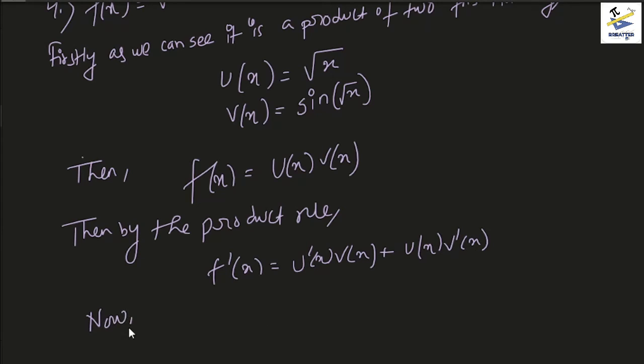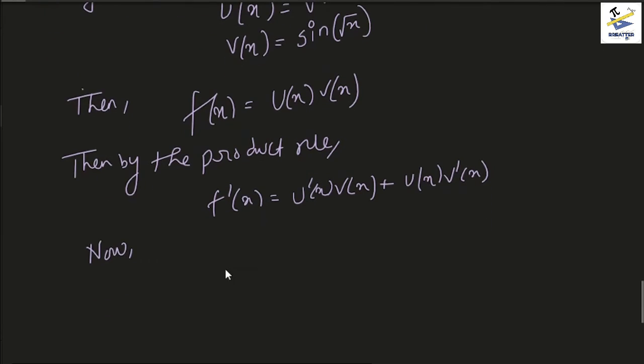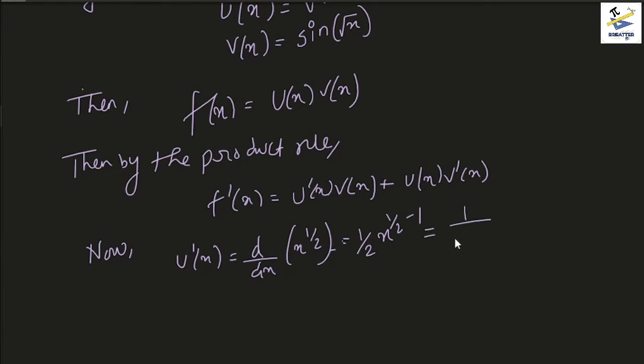Now u prime x is an easier one because it's just x to the power half. Now u prime x is d/dx of x to the power half, which basically is half into x to the power half minus 1, or this just becomes 1 by 2 root x, right?